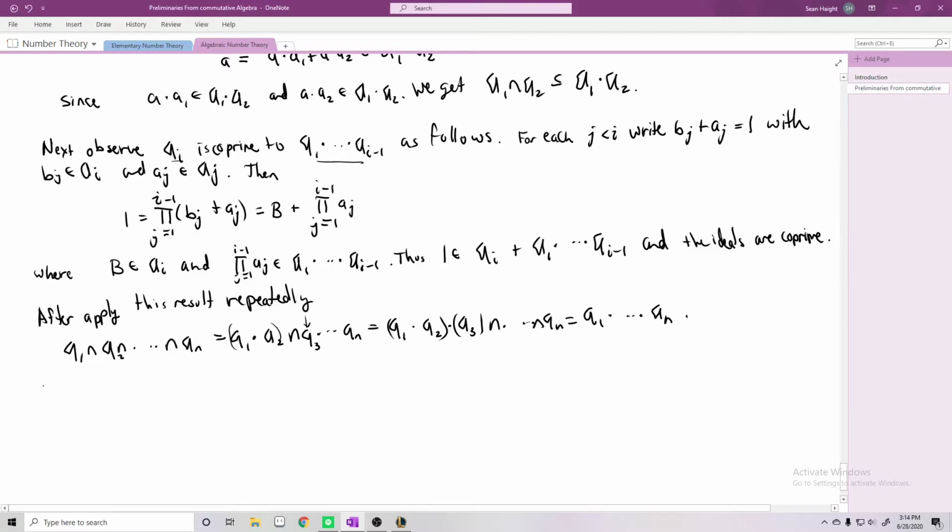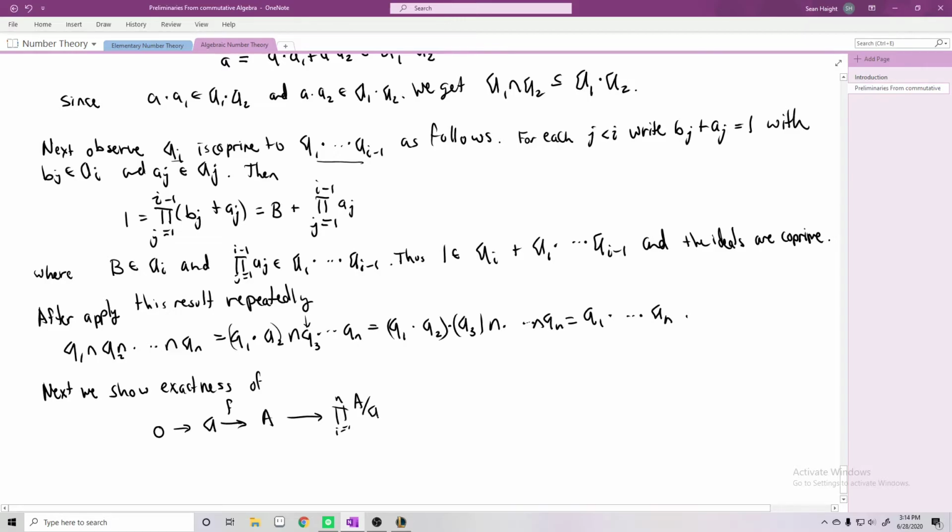So we show the exactness of the sequence. Remember this ideal A, which is the intersection or the product of my coprime ideals, goes into big A, and then it maps into the product of A mod a sub i, i equals 1 to n.